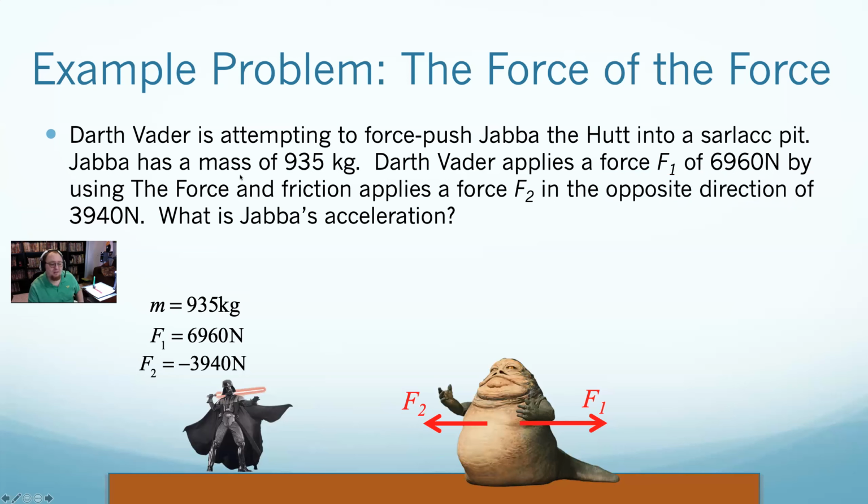And so F net is just the sum of the forces. F net is just F1 plus F2. And so F net is 6,960 newtons plus negative 3,940 newtons. And so when I sum them, I'm actually kind of subtracting them because I'm adding a negative number. My F net is 3,020 newtons because they point in opposite ways.